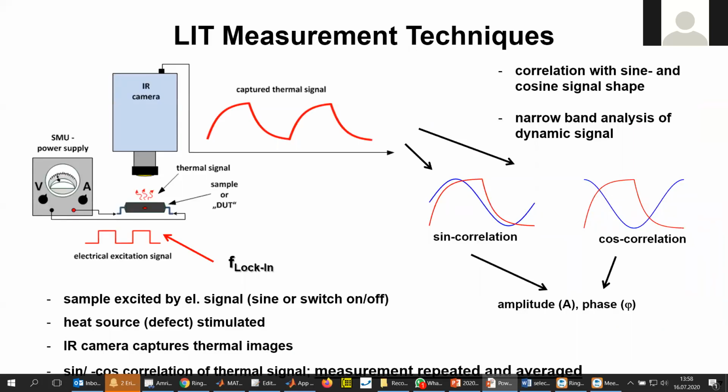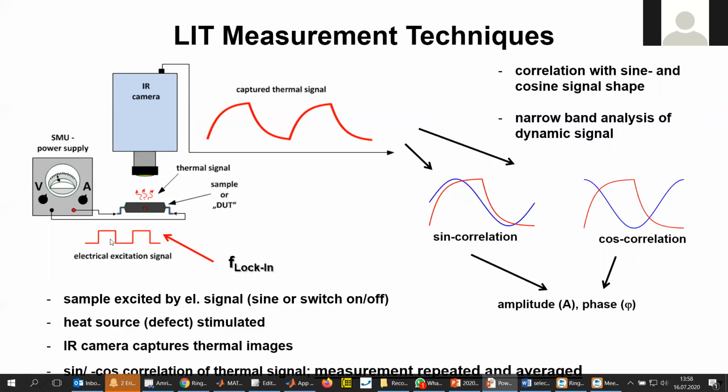So that would be a schematic of a lock-in thermography system. We have the sample here that is excited by our power supply, a source and measurement unit. And the excitation looks similar to this. We basically just turn the sample on and off. This SMU is synchronized to the infrared camera, which captures the images.